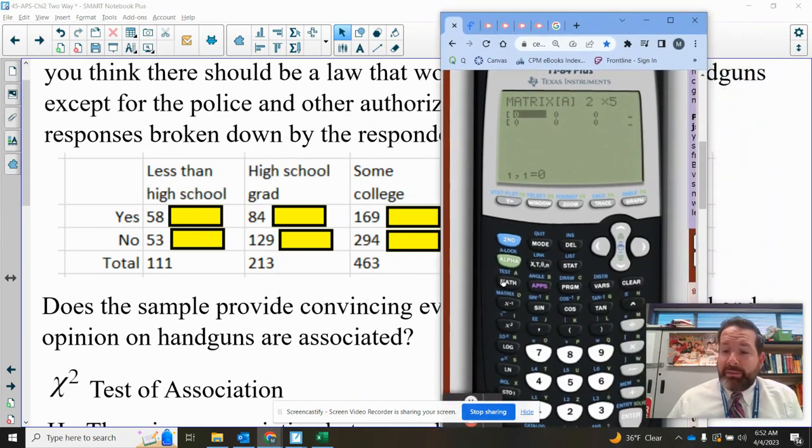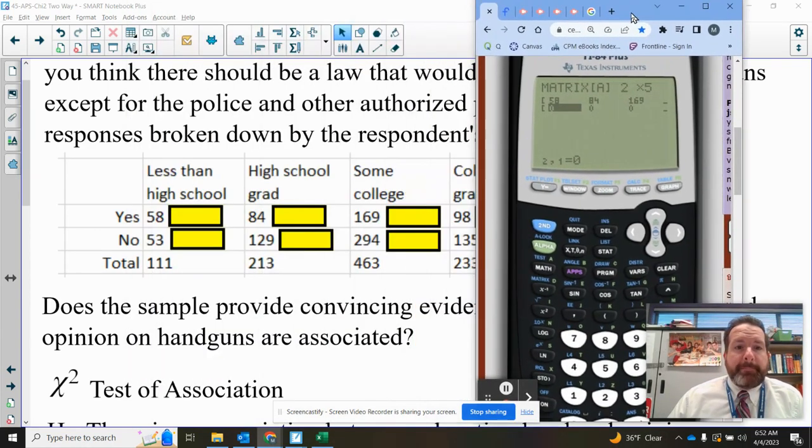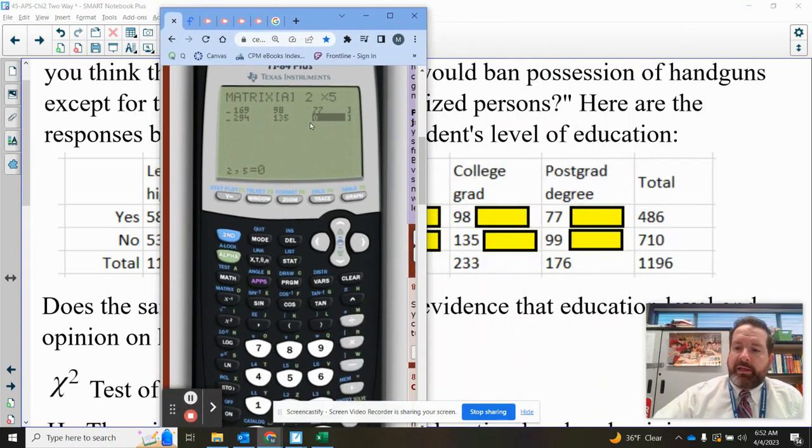And then we just have to type our numbers in. Now, it's going to go across the row when you press enter. So 58, 84, 59, and then I have to move here. And lastly, the 99.